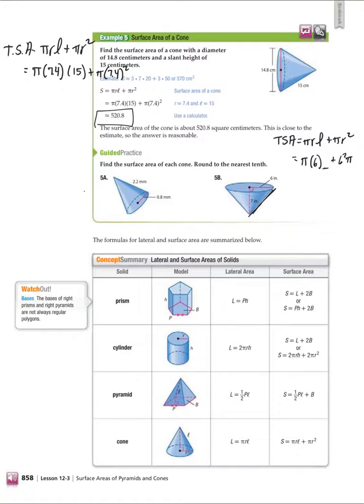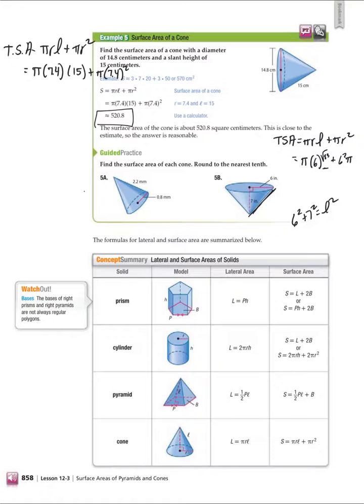See how that's the hypotenuse? So we're going to do 6 squared plus 7 squared equals L squared. So I'm going to do 36 plus 49. I'll put that in my calculator. It's 85. So I'm going to get the square root of 85 for my slant height.